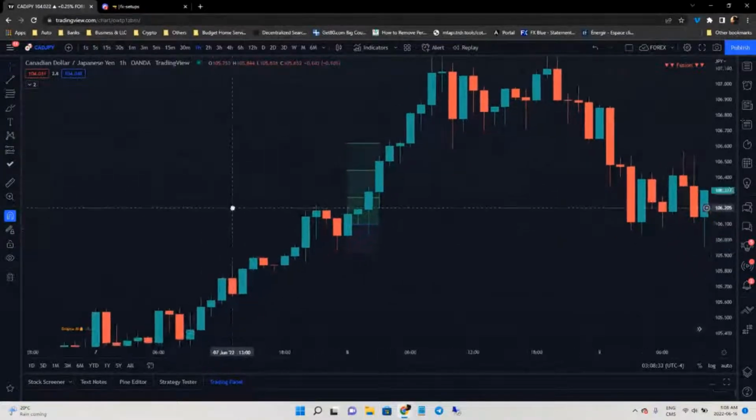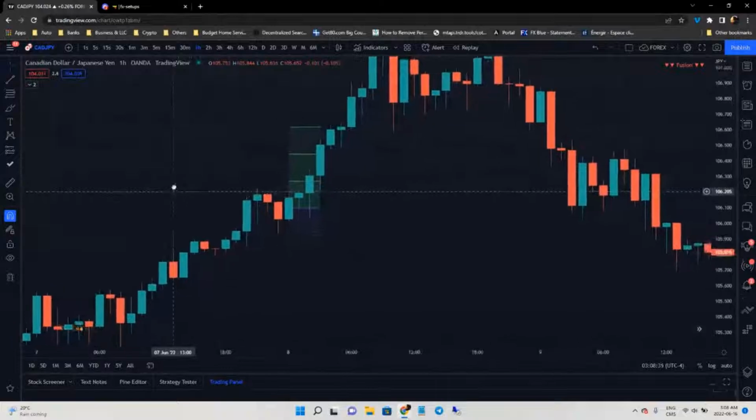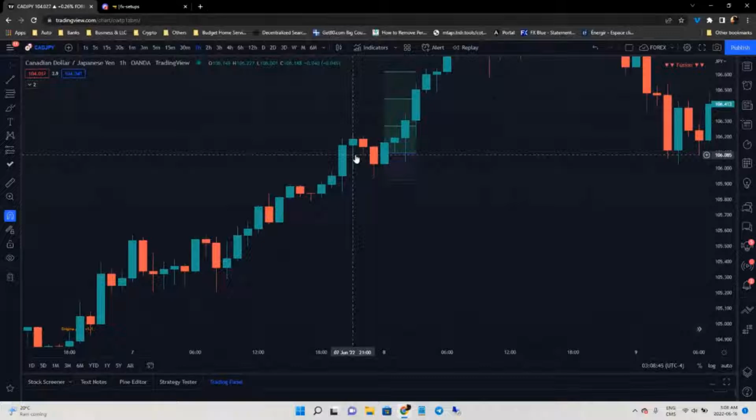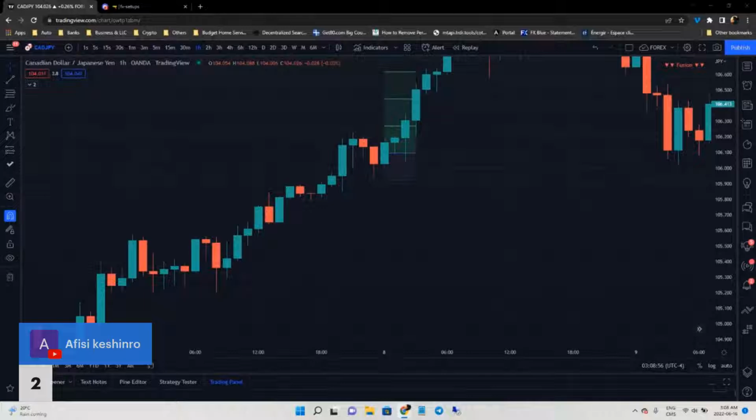First, I'm going to show exactly how the system works for anyone that is new here, and then we're going to look at pairs. Perfect, I can see my screen.